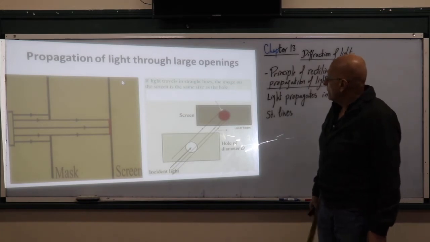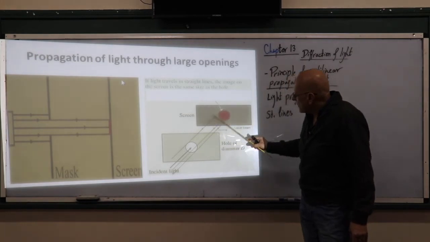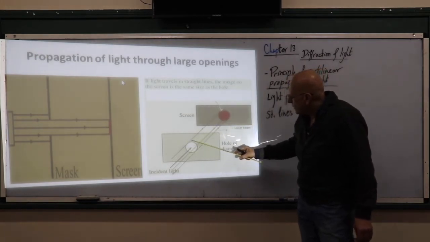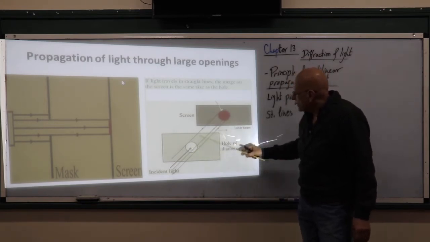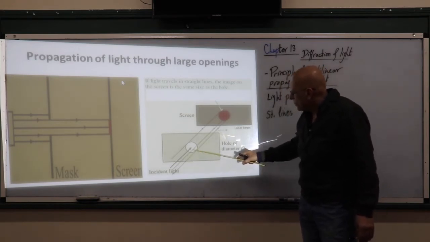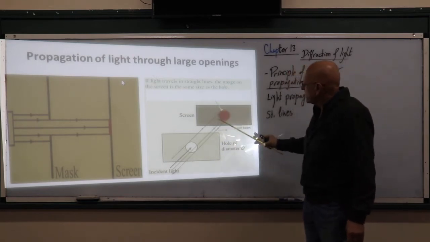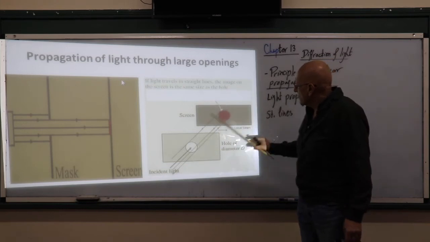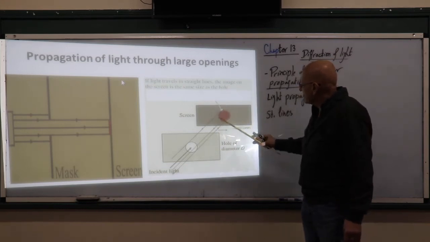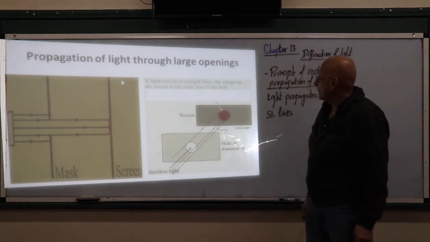Why? Also because light propagates in a straight line. So within the hole here, all the rays are parallel to each other, especially at the edges. Look at the edges. As I have drawn rays in a straight line, I get here the image of the hole, which is a disk here, because light has passed through it. Okay?